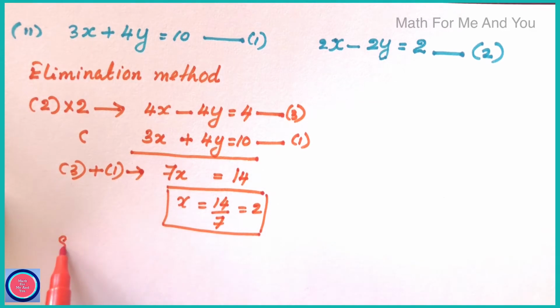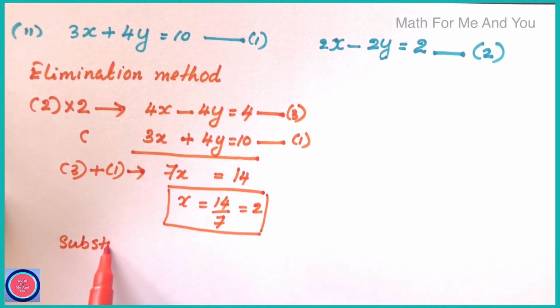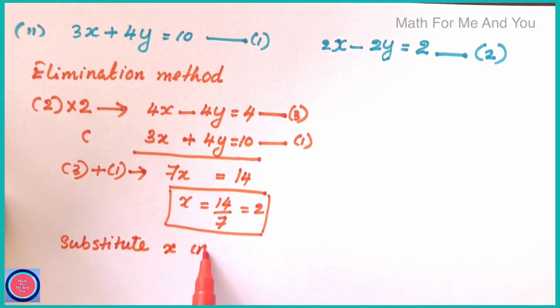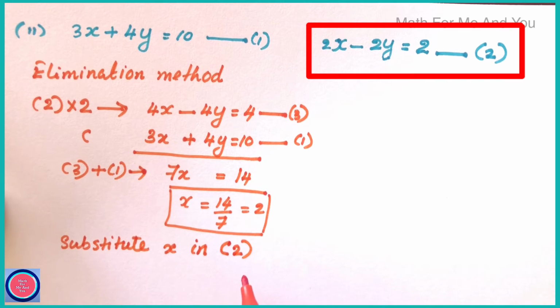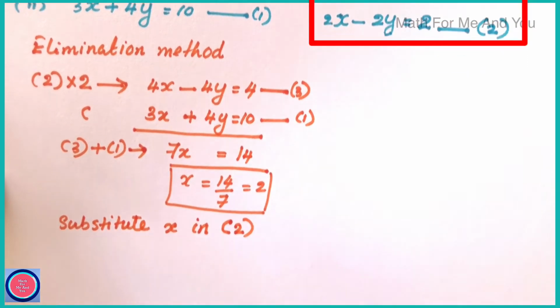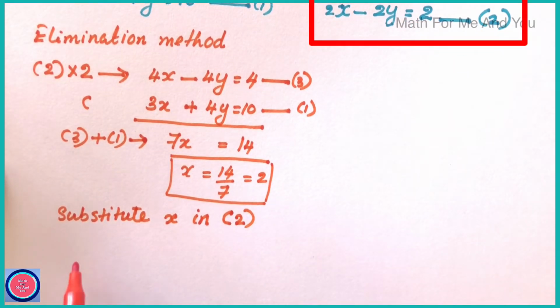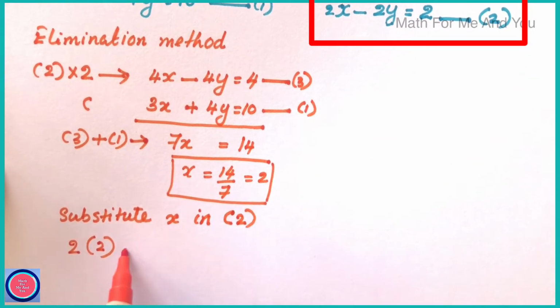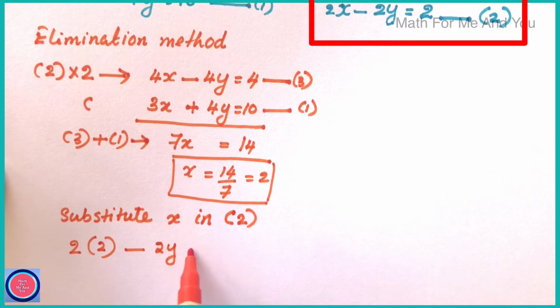Once we get the value of x, we can substitute in any of the equations. It's up to you. You can select an equation and substitute the value of x. Here I am substituting x in equation number 2. The equation number 2 is 2x minus 2y equals 2. What is x now? X is 2. 2 times 2 minus 2y is equal to 2.